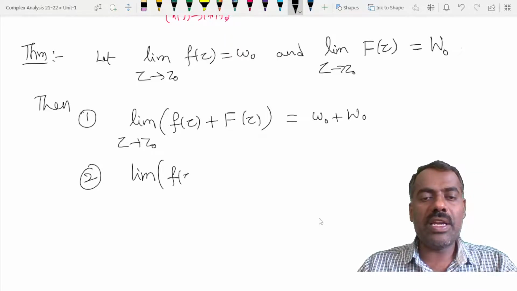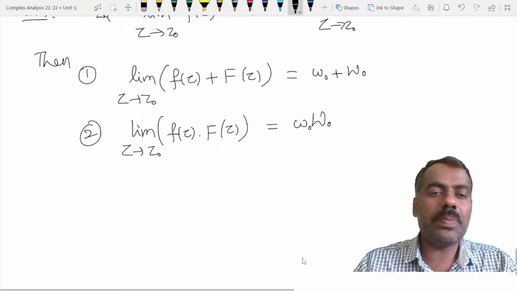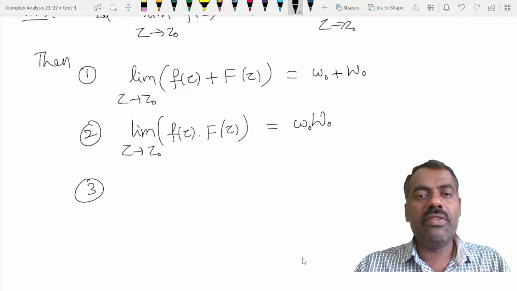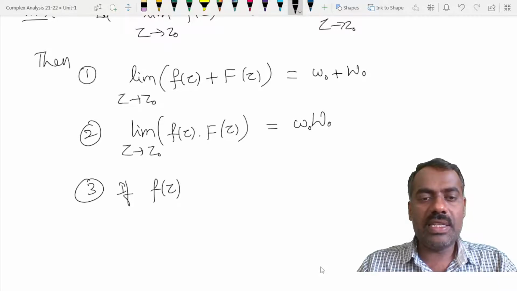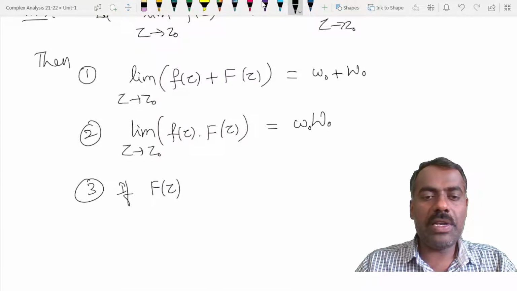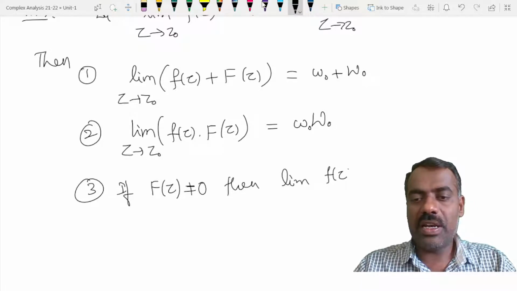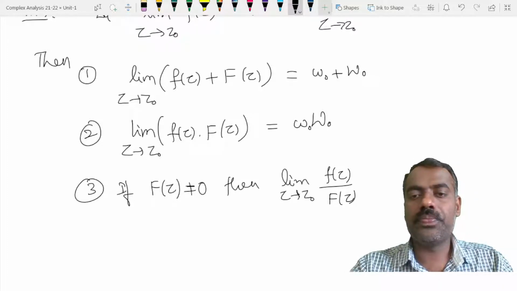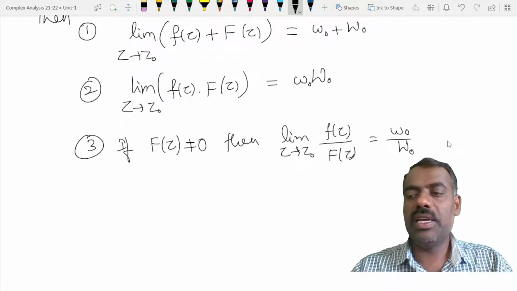Similarly, for the product, the limit of f of z into capital F of z as z tends to z naught is the same as w naught times capital W naught. And the third one: if capital F of z is not equal to 0, then the limit of f of z upon capital F of z as z tends to z naught is equal to the small w naught by capital W naught. Is the statement clear?